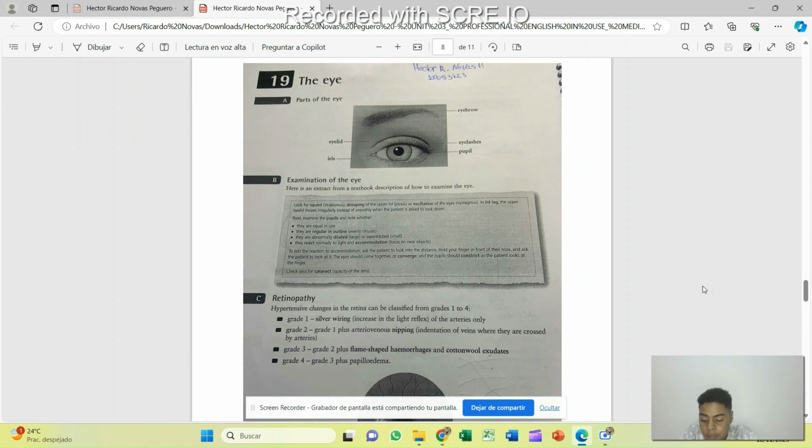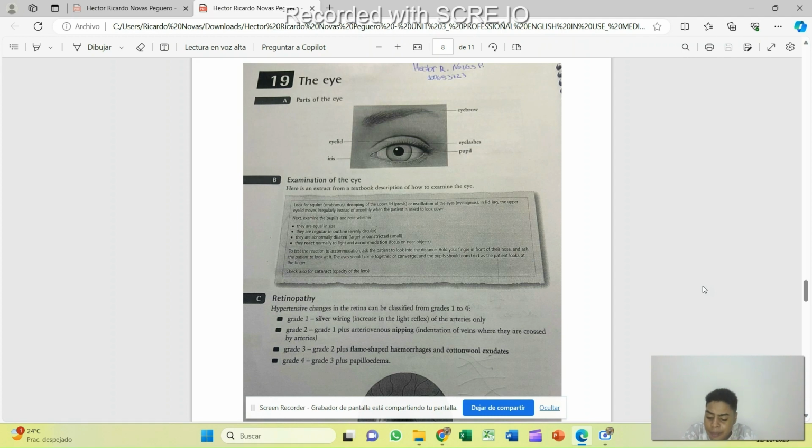Look for strabismus, drooping of the upper lid, oscillation of the eyes, nystagmus. In lid lag, the upper eyelid moves irregularly instead of smoothly when the patient is asked to look down.